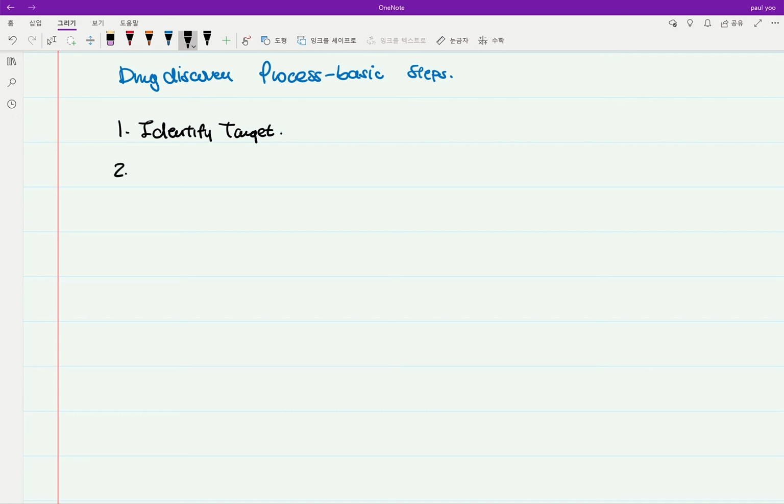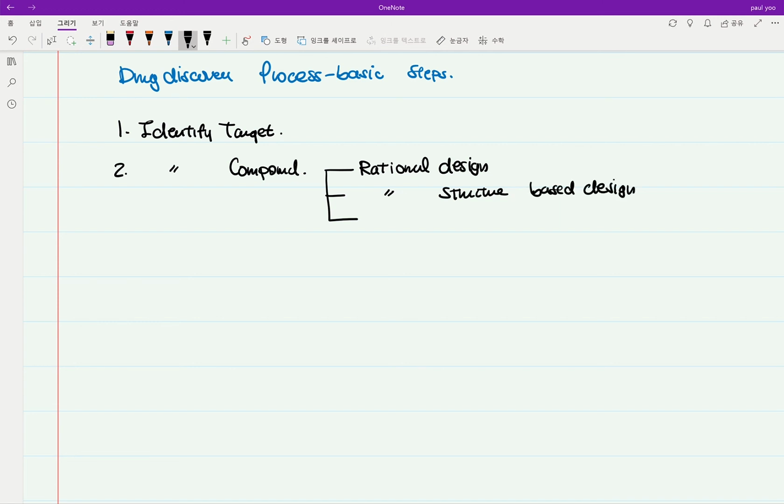Identify a compound. To identify a compound, we do rational structure-based design and library screening. 3.